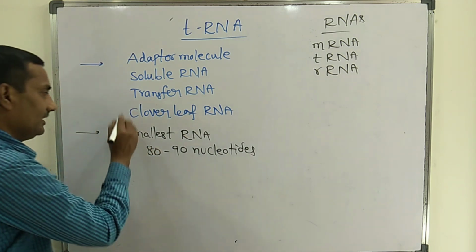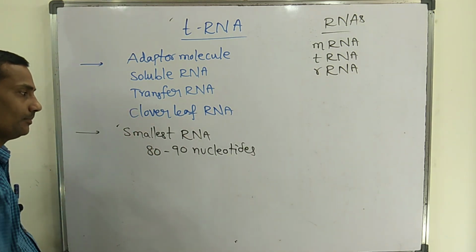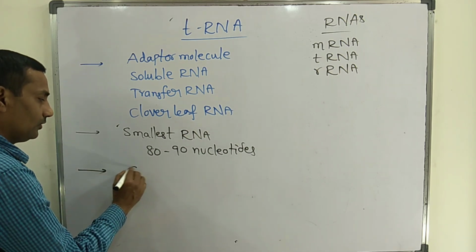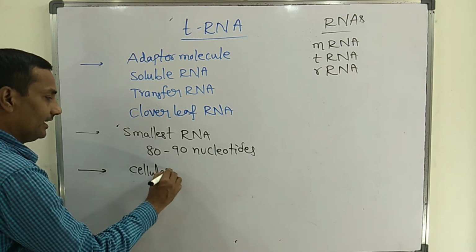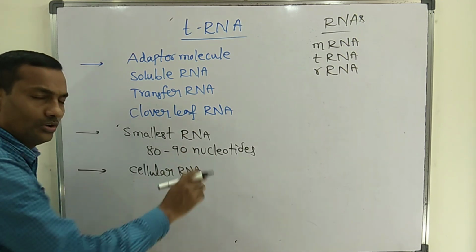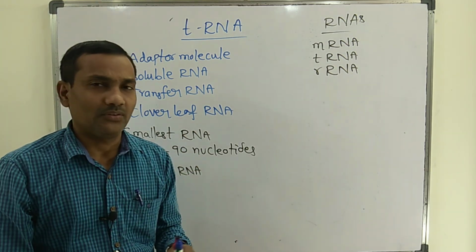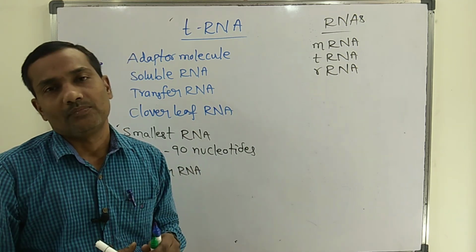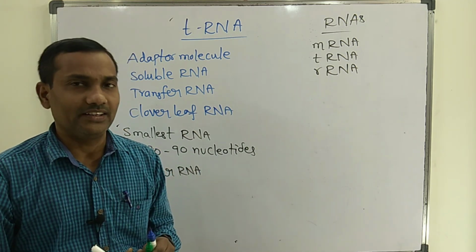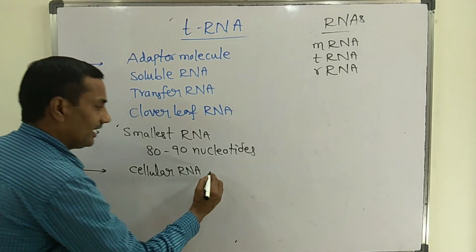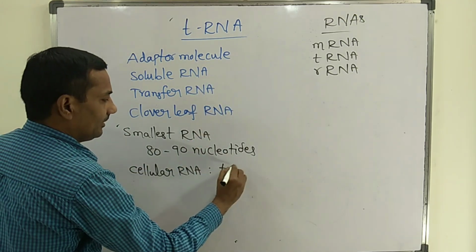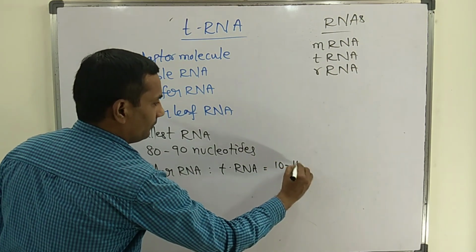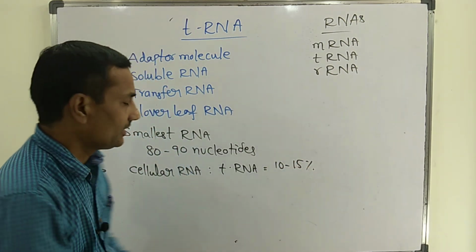That's why it is called the smallest RNA. In total cellular RNA of a eukaryotic cell, tRNA is around 10 to 15%.